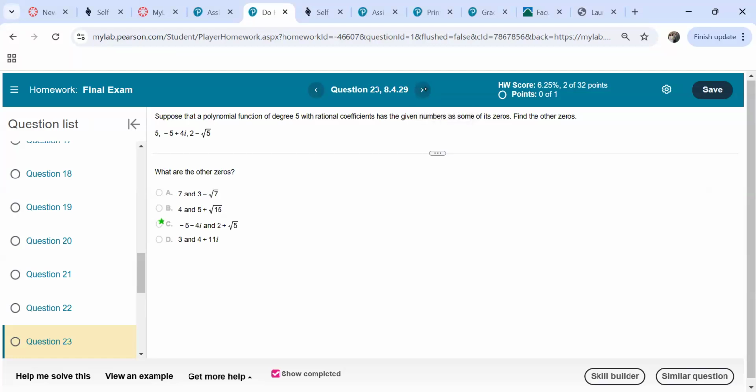So as long as we had rational coefficients, we had what we said were irrational conjugate roots. Our irrational roots came in conjugates, and our complex or non-real roots come in conjugate pairs.